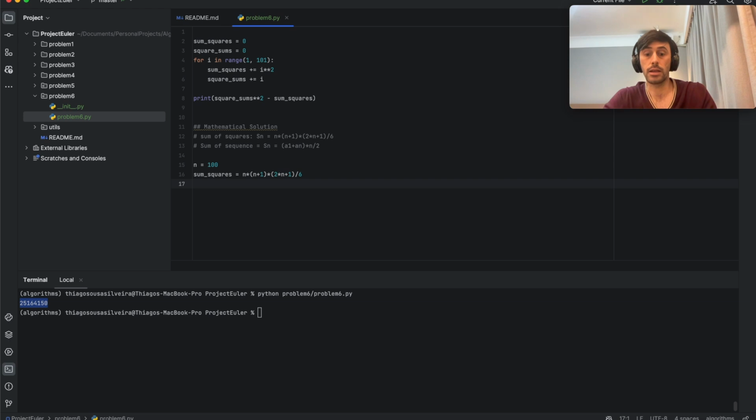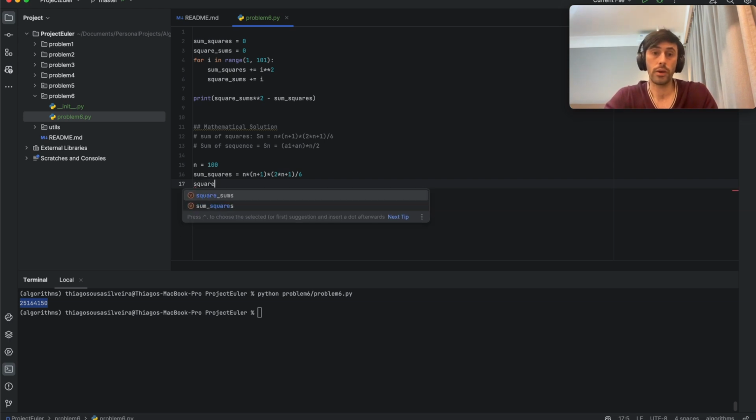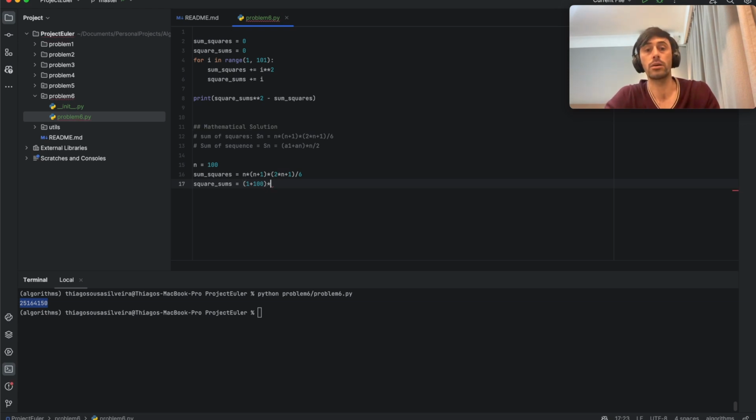And the square of the sums is going to be the first element of this list, 1, plus the last element of this list, 100, multiplied by the number of elements in this list, which is 100, divided by 2.